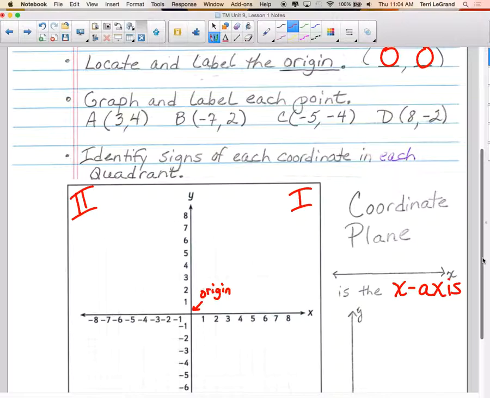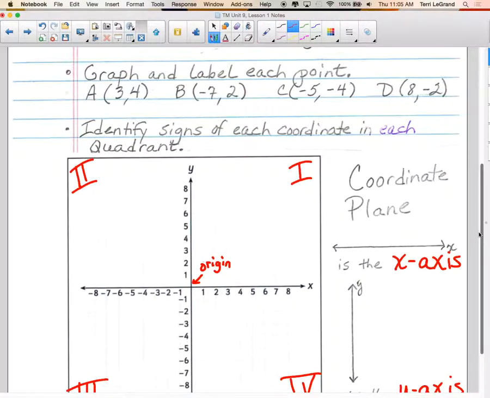Ordered pair 3, 4 is point A. How do we get to ordered pair 3, 4 on the graph? What do we do? Okay, we always start at the origin when we're plotting points. So we go how many units to which direction from the origin? We go 3 units to the right. And then what do we do to get to 4?